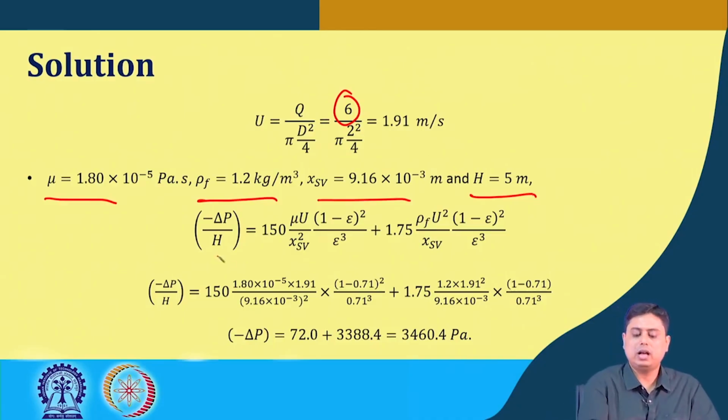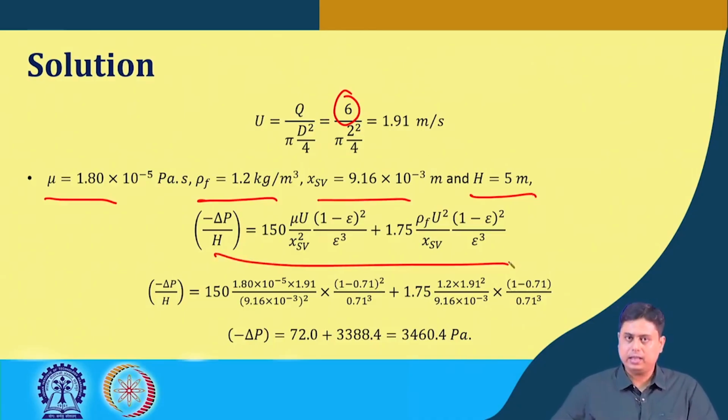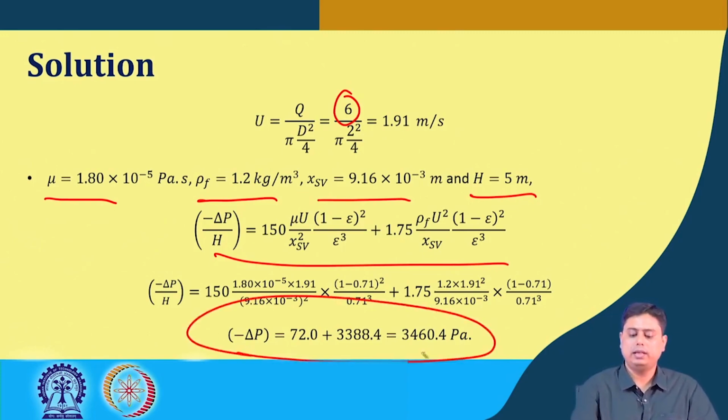We use it in the Ergun equation and we get that the overall pressure drop is 3460.4 Pascal. This stage shows that all the numerics that are replaced here. It is also explicitly shown here the contribution of the first part, the contribution of the second part.